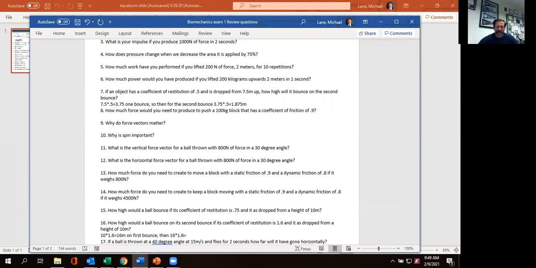Well, I guess 16 times 16 is going to give us, so 1.6 plus 6 plus 3.6. So that's going to give us 25.6 meters, I believe. I could be slightly off there.